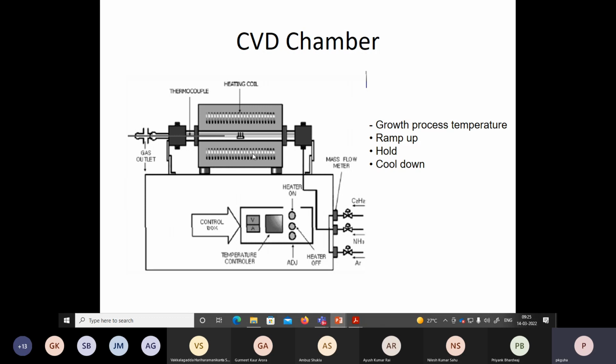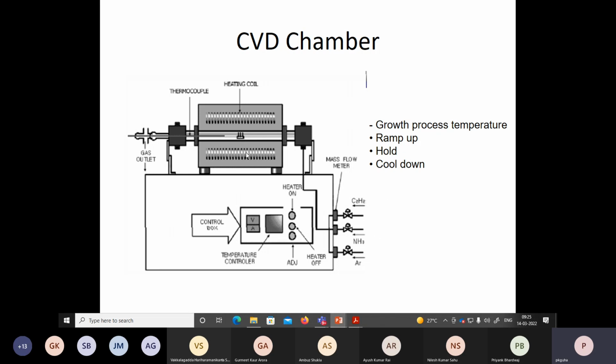And at high temperature those catalysts form small islands. Those small islands are there, and then you pass a carbon gas, for example C2H2, along with ammonia and argon. Okay, ammonia basically helps in dissociating C2H2.